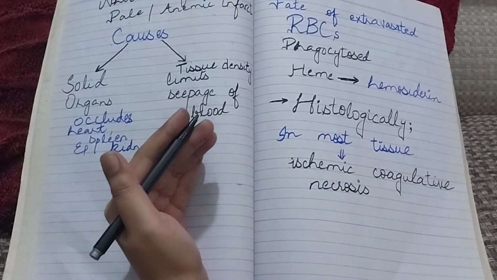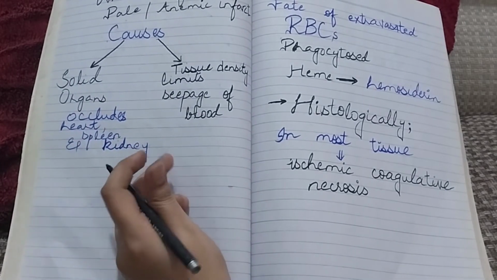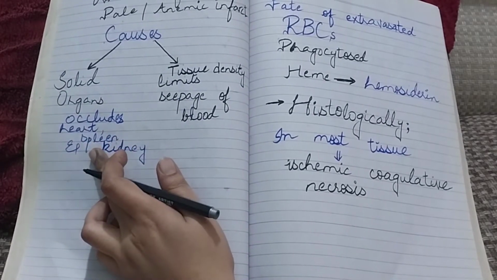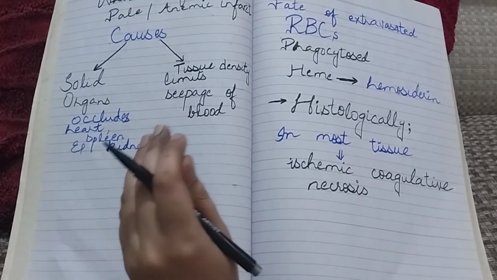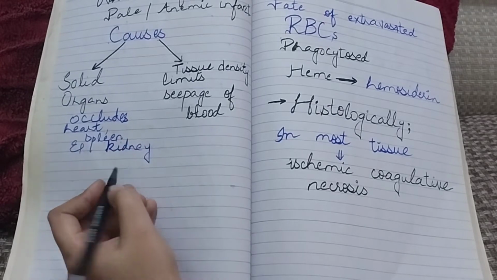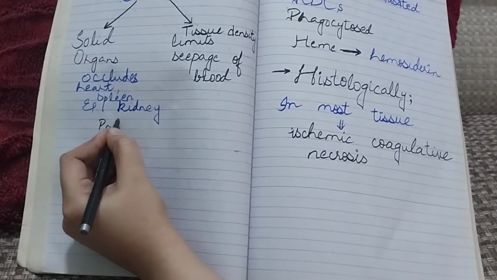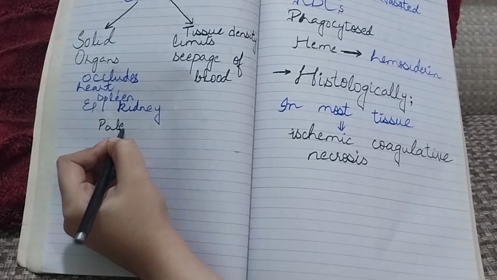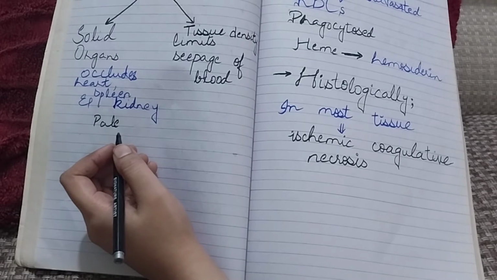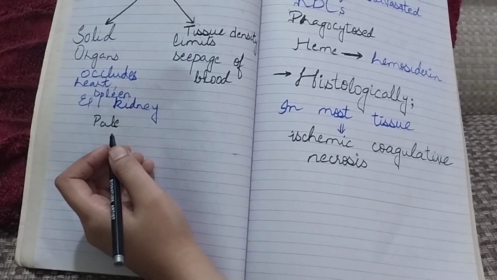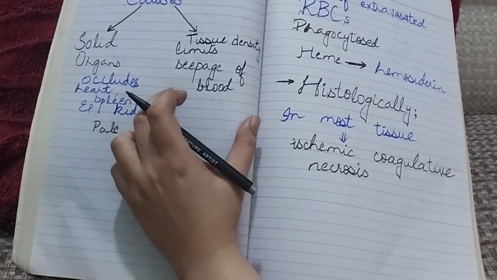Infarcts that are the result of arterial occlusion, if they occur in such organs that don't have any dual circulation, typically become more and more pale and sharply defined with the passage of time, and we term this type of infarction as white infarction.